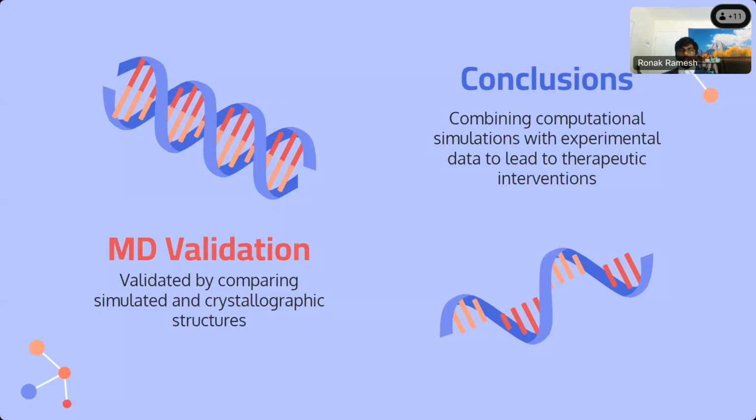Not to mention, MD simulations are also very cost and environmentally friendly as they are conducted completely in a virtual environment. By using computational resources like MD simulations, we can conduct research more efficiently while also minimizing resource consumption and waste generation.